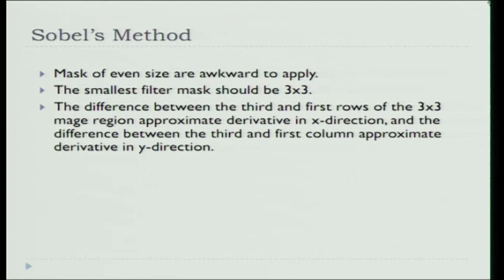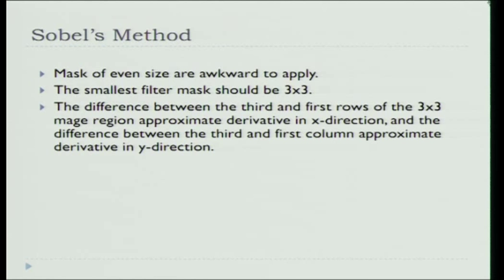Now, in order to determine whether it is an edge pixel or not, with respect to the x direction, it will be considering the difference of the third and first column, and with respect to the y direction, the first derivative, you will be considering the difference between the third row and first row, right.